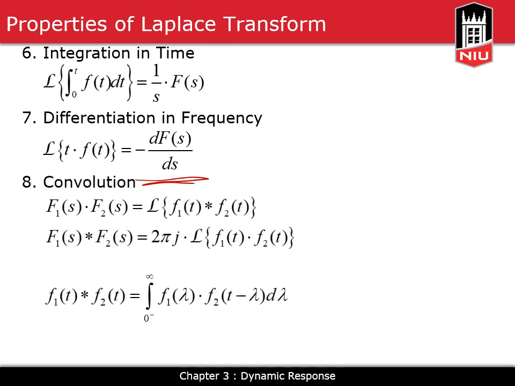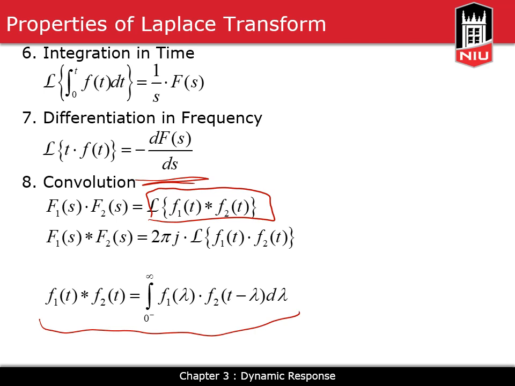Convolution. The Laplace transform of the convolution of two functions in the time domain, this right here, is just equal to multiplication of the Laplace transforms of each of the functions. This is what makes our calculations in the S domain much easier. If you remember the convolution integral, it's written down here.